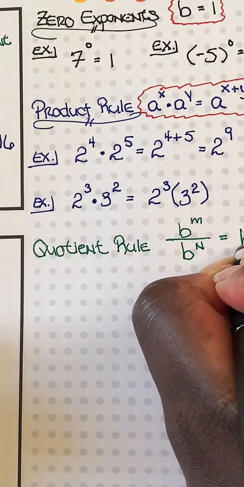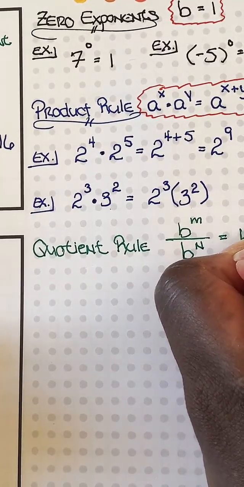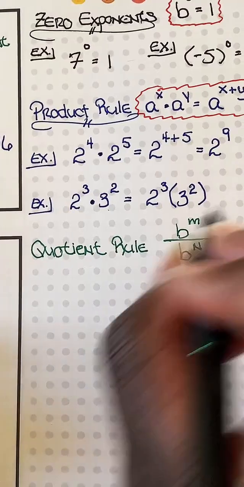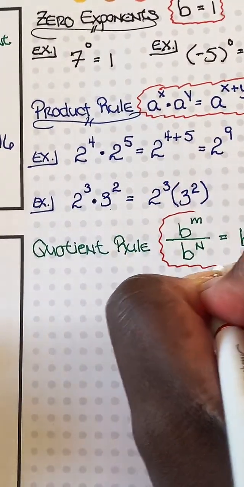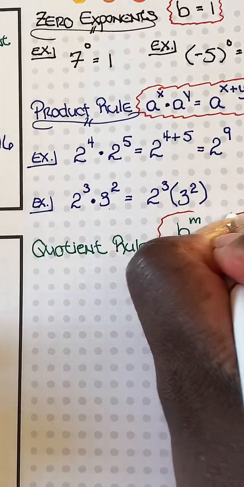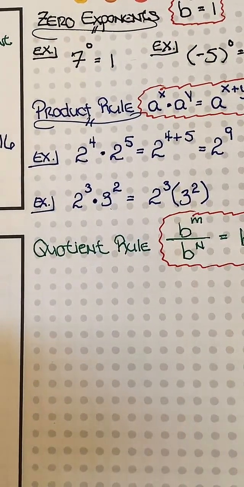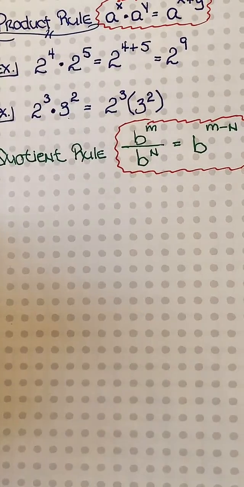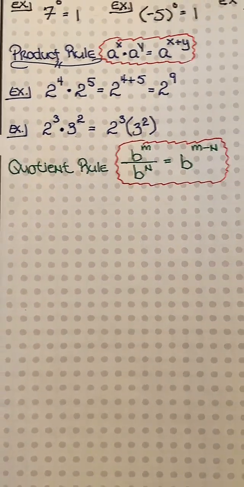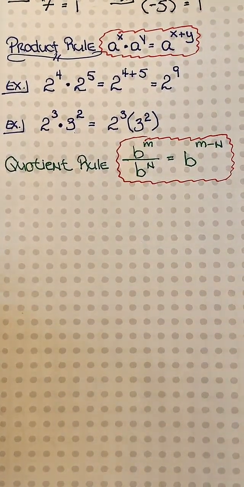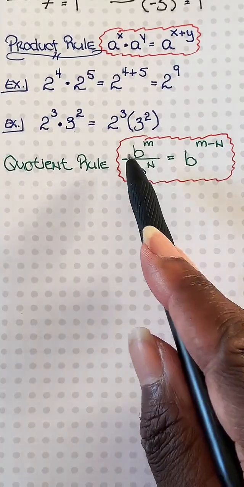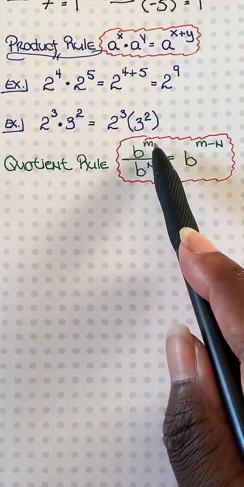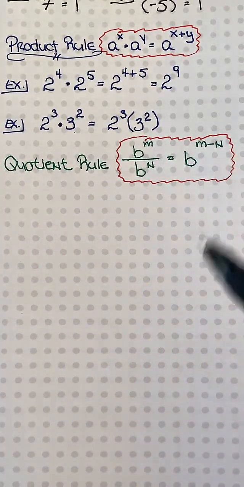That means I have my base, but I am subtracting my exponents. Zoom in a little bit. All right, so quotient. Quotient is division. So if they have the same bases, you are subtracting the exponents.